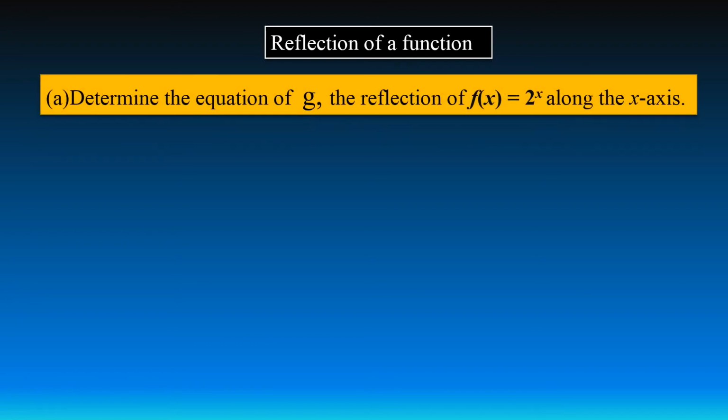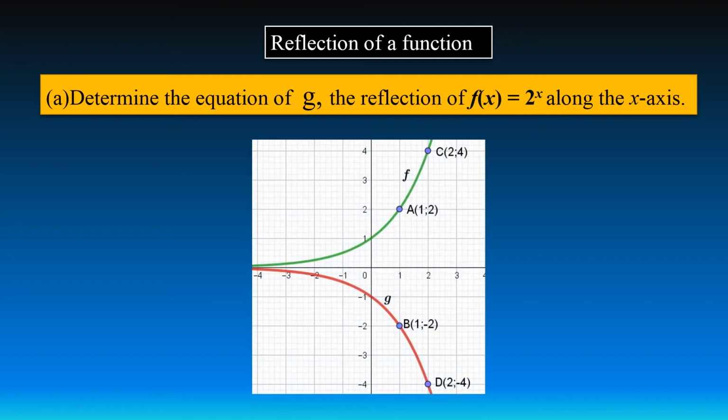Now finally, we discuss reflection of a function. Determine the equation of g, the reflection of f x equals 2 to the power x along the x-axis. So we try to understand from the graph of a function.